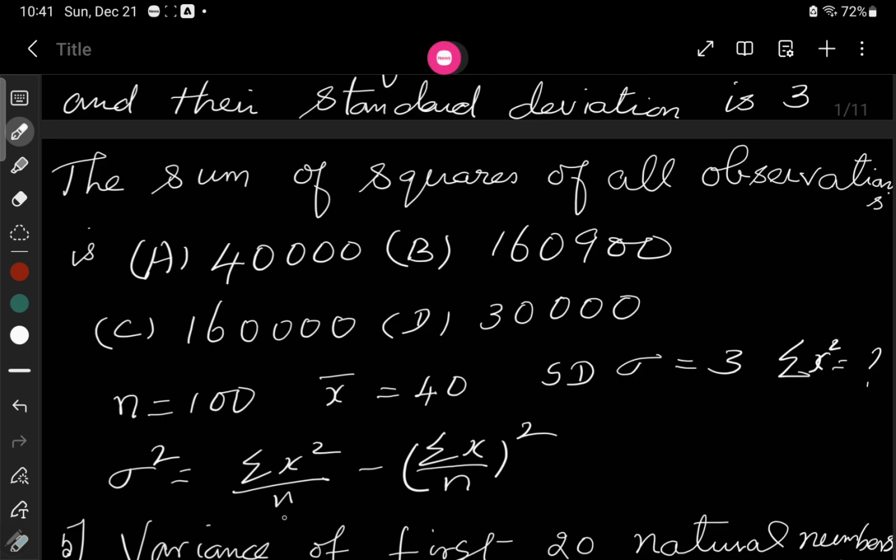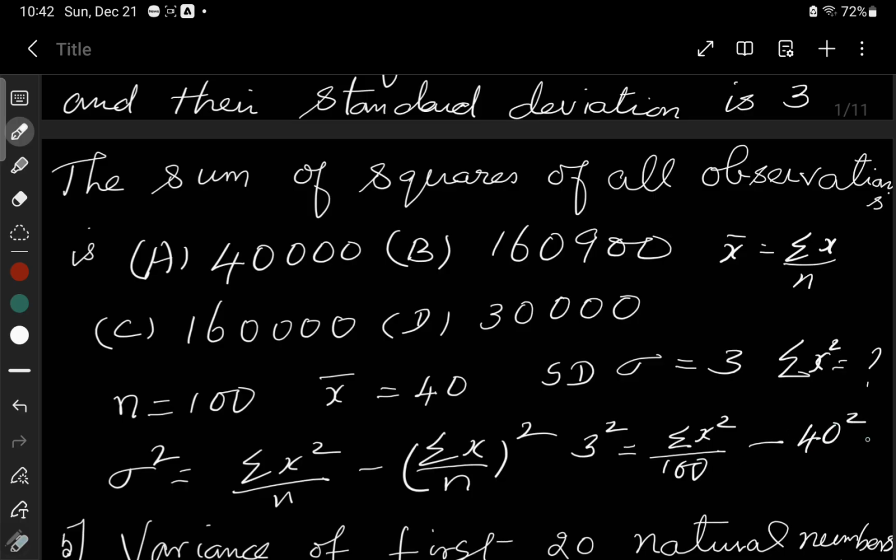Substitute the corresponding values. We know n is 100, and x bar stands for sigma x by n, so we replace this with 40 squared. Sigma squared is 3 squared.